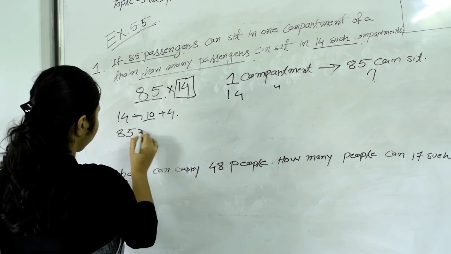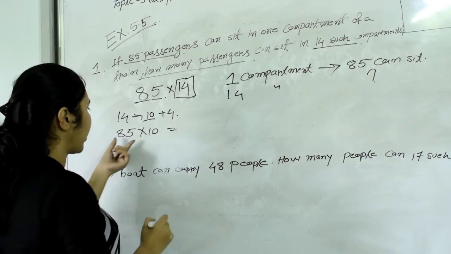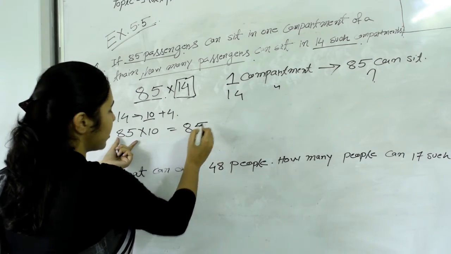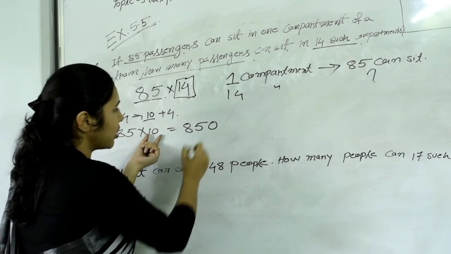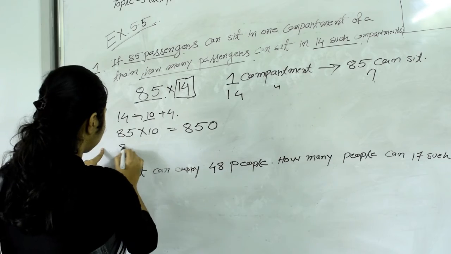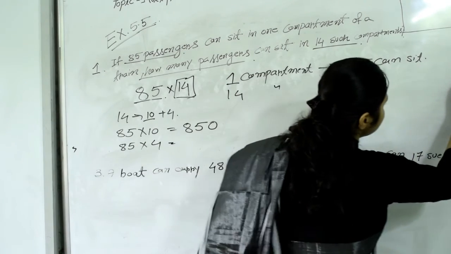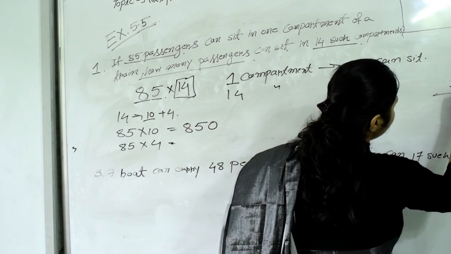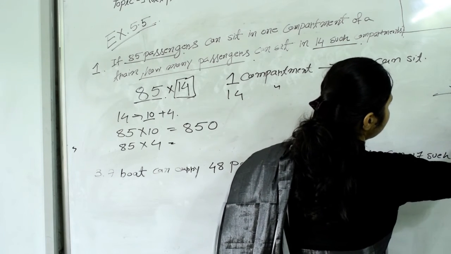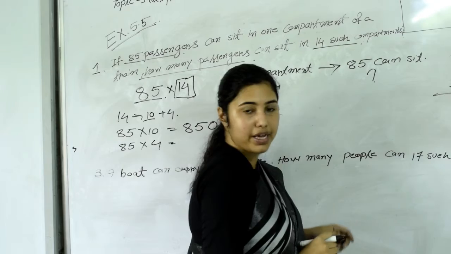So first 85 into 10 equals again the number itself and then 0 in ones place. And next 85 into 4. So 4 5s are 20, carry 2 in tens place.